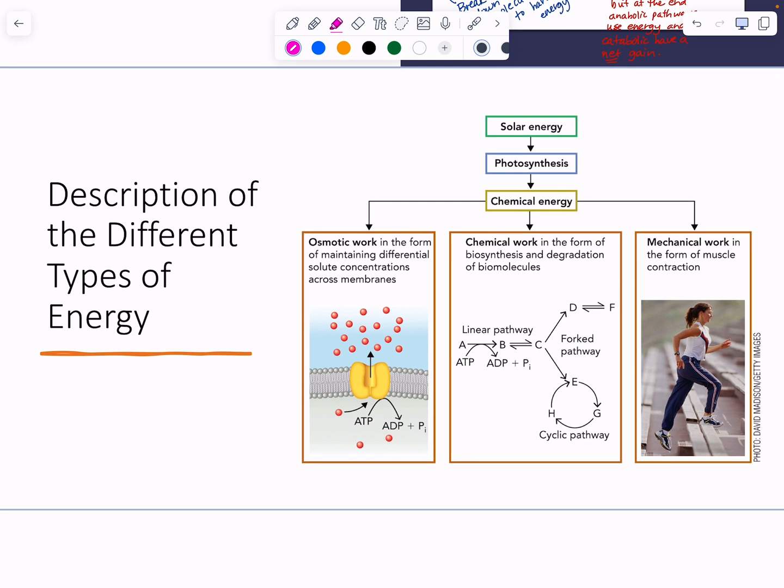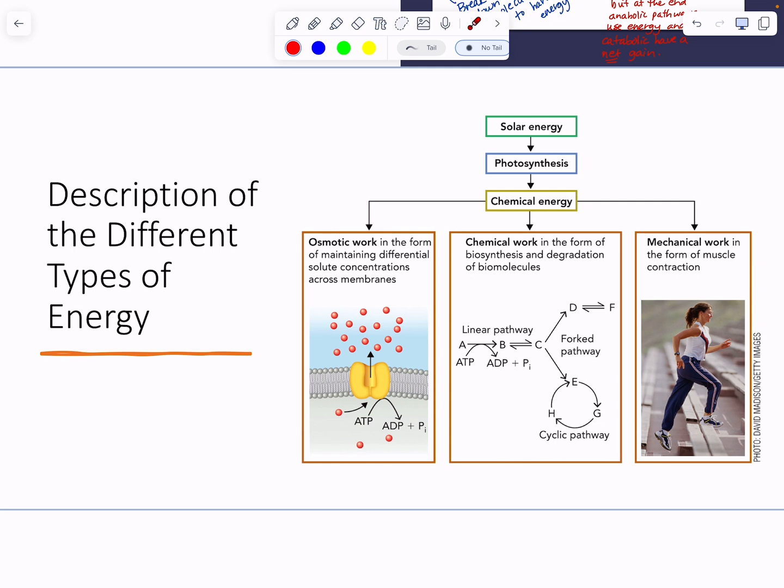So different types of energy. Again, we've got our solar energy and our photosynthesis. So when we talk about those three types of work, this is just giving you a microscopic example of each. The osmotic work that we talked about before has to do with, again, not everything can move through a membrane just by diffusion alone. Sometimes you need help.